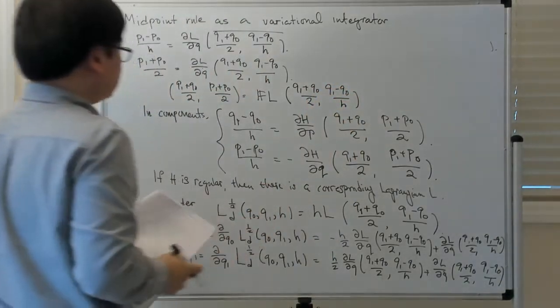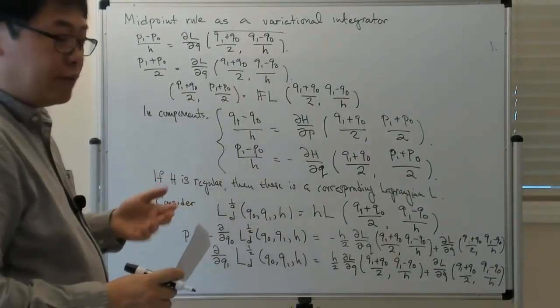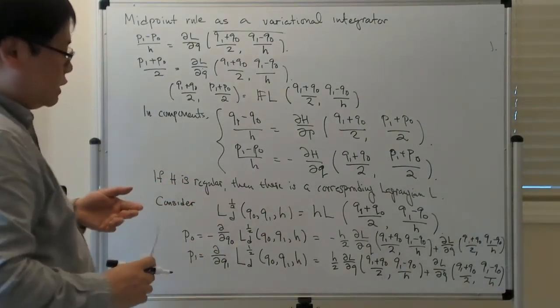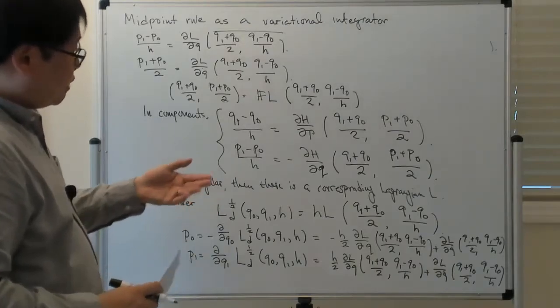All right, and of course you know that the continuous fiber derivative is exactly what relates the Lagrangian flow with the Hamiltonian flow.